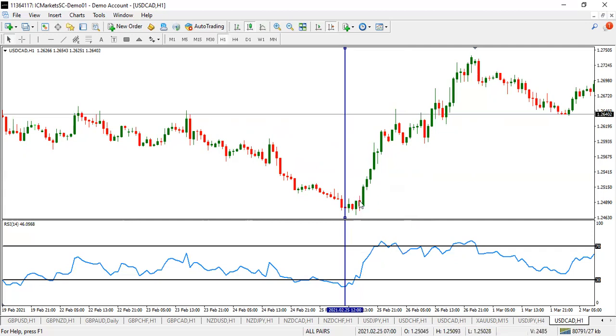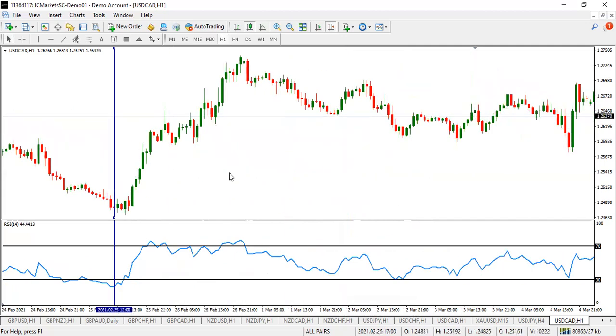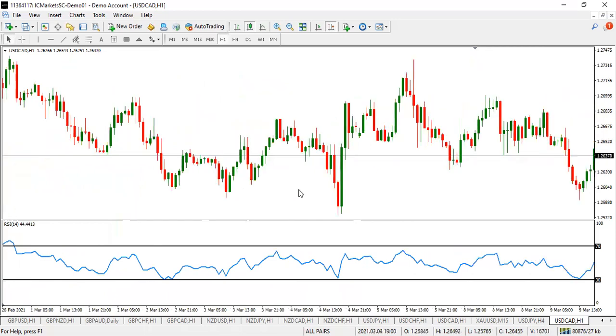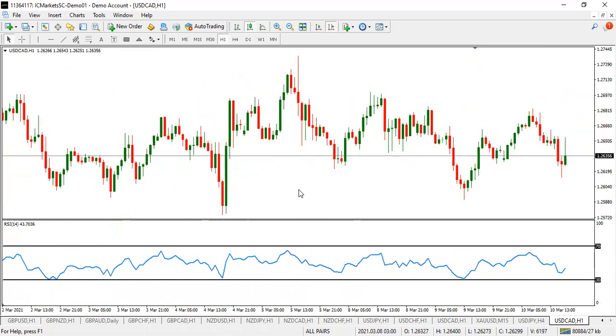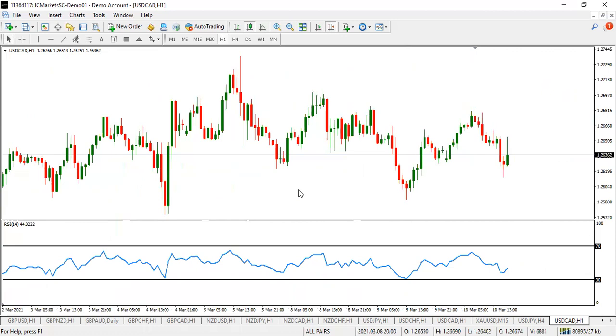So generally, how to use RSI is that whenever it goes below 30, it's oversold, and whenever it goes above 70, it's overbought. That is when you want to start looking for a buy or a sell. This is a powerful tool that you need to learn and understand how it works.